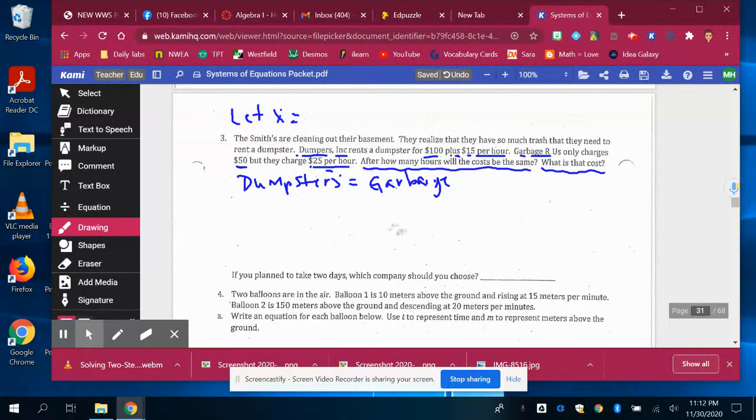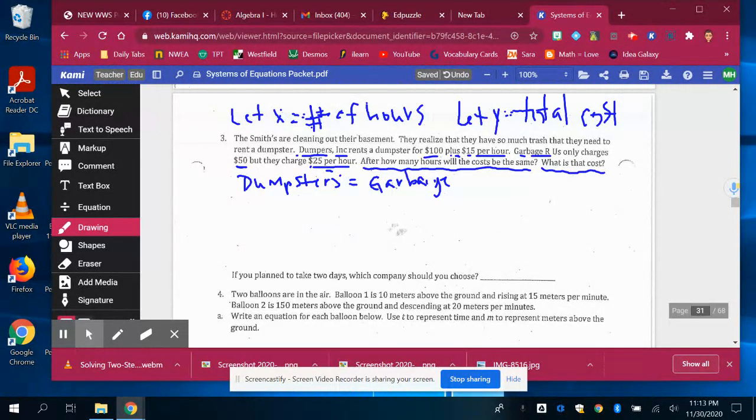I notice it says $15 per hour. So I'm going to let x equal the number of hours. And I'm going to let y equal the total cost, because we're talking about total cost in number of hours. If we look at our question, how many hours and what is the total cost?